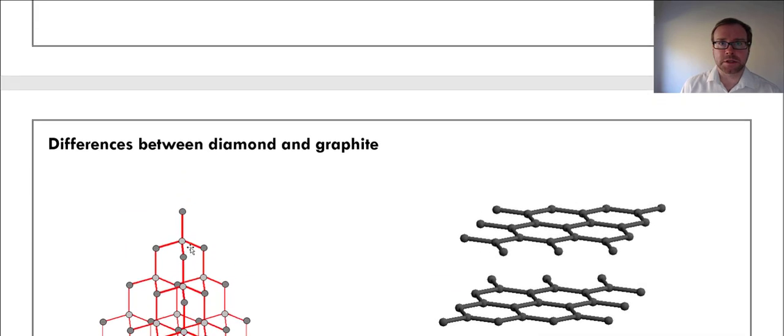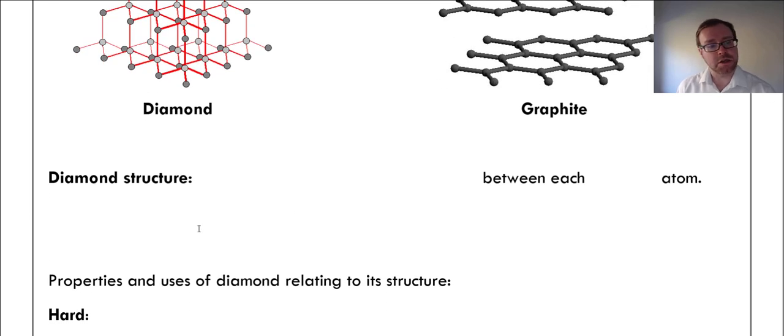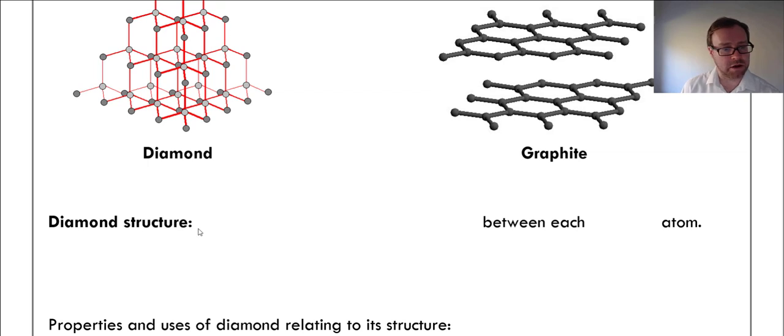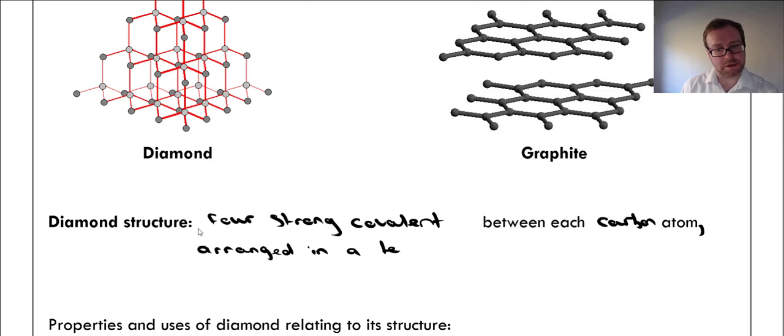So these are our two very common examples of giant covalent structures, diamond and graphite. Diamond has the structure: there are 4 strong covalent bonds between each carbon atom, arranged in a tetrahedral shape.